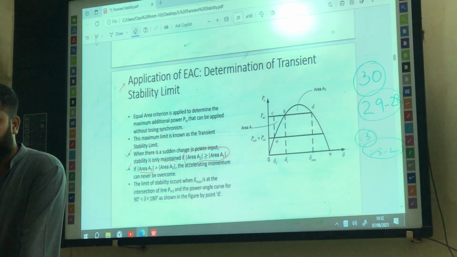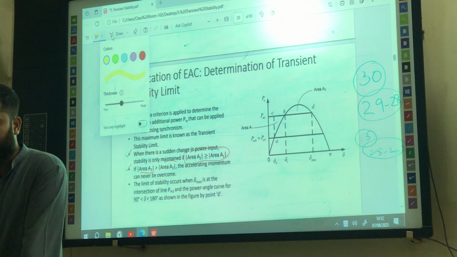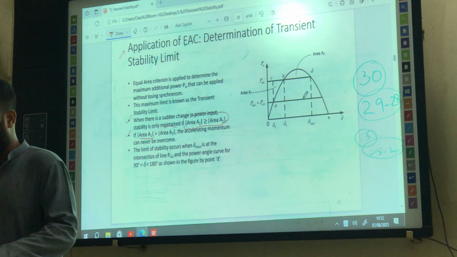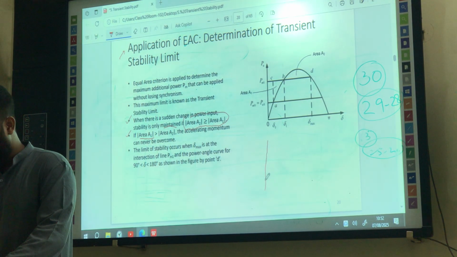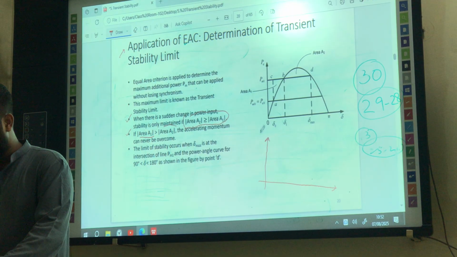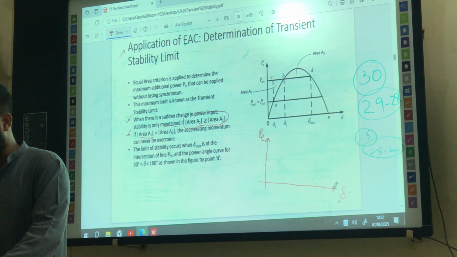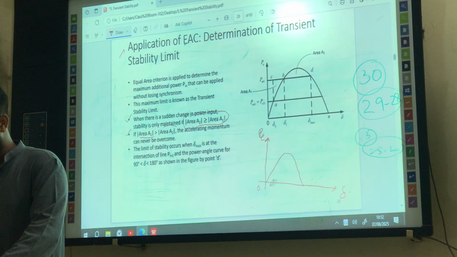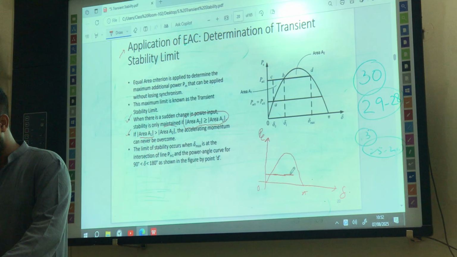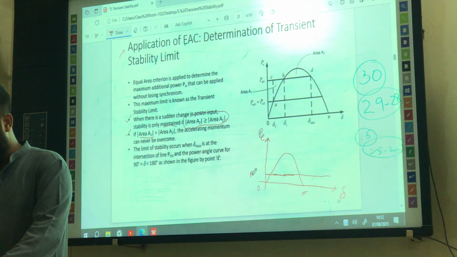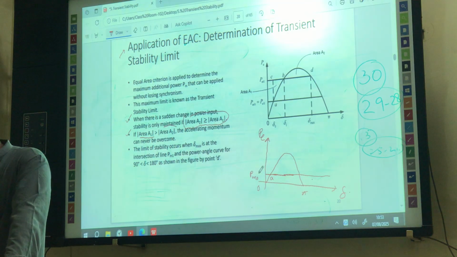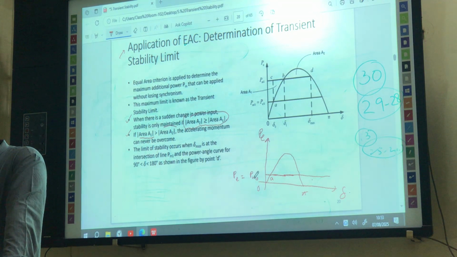Again, let's say the initial operating point, that is PM0, and this point is point A. I am just redrawing this figure here, and at this time PE0 is equal to PM0.